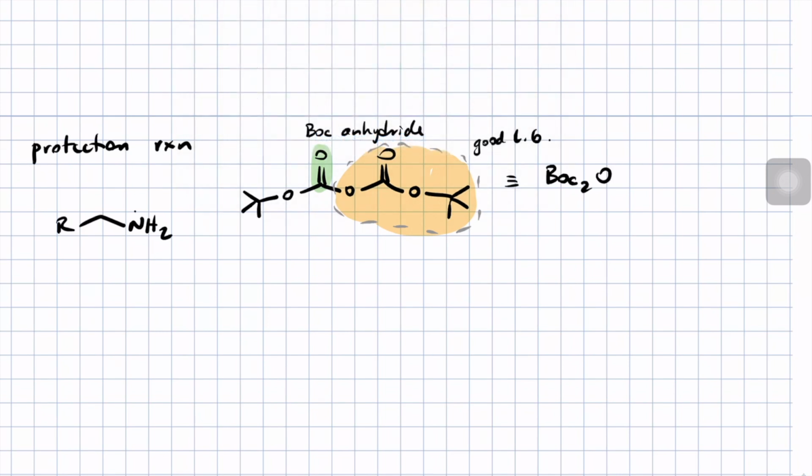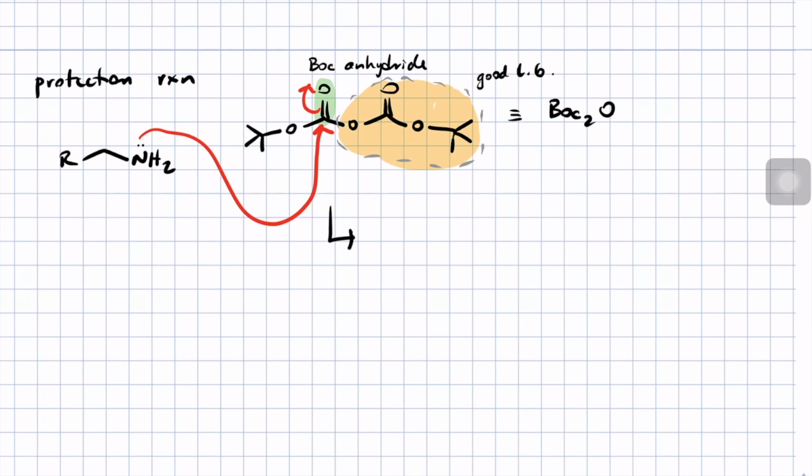So the nitrogen, because this is reactive like an anhydride, attacks the carbonyl carbon to give you a tetrahedral intermediate. I'm going to skip the proton transfer step and go right to the intermediate where our nitrogen is attached to the carbonyl carbon.